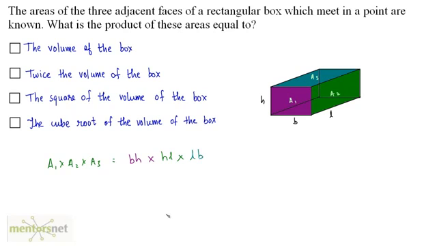Okay. So this is equal to, we have 2 B's, right? So this is B square times H square times L square. So I can say that this is LBH, the whole square. And what is this? Well, this is the volume, isn't it? So the product of these areas is equal to the square of the volume of the box. So option C is the correct answer.